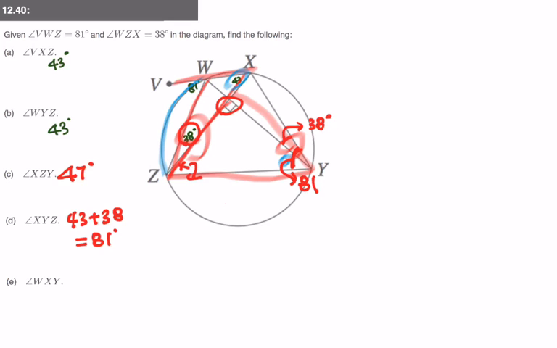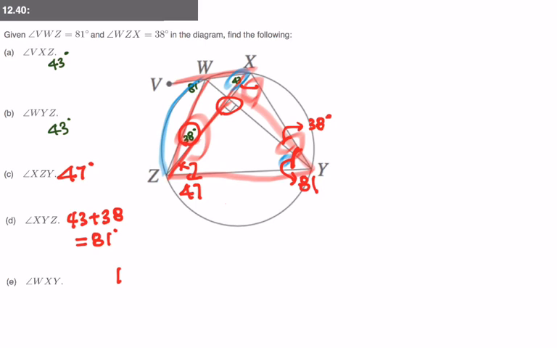Now, how about WXY? WXY, which we are looking at, is the big angle. It comes from this triangle first.